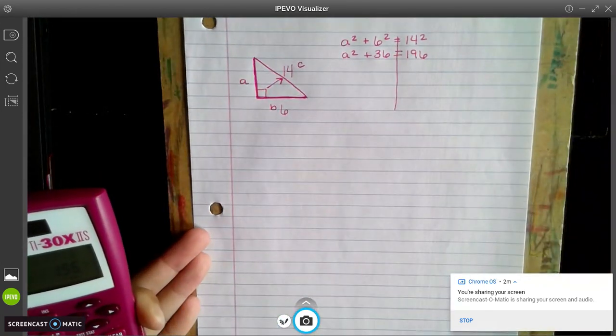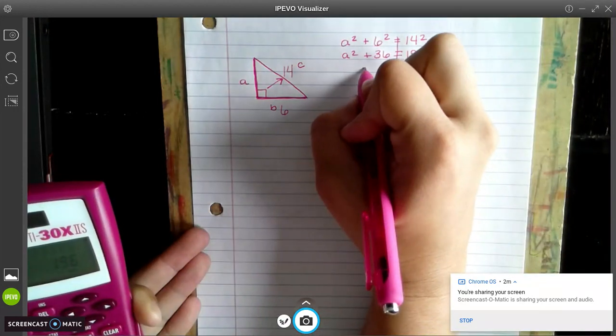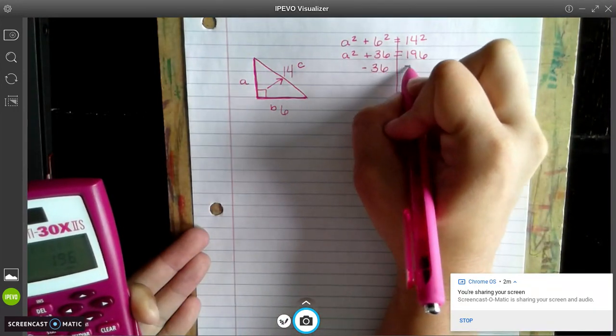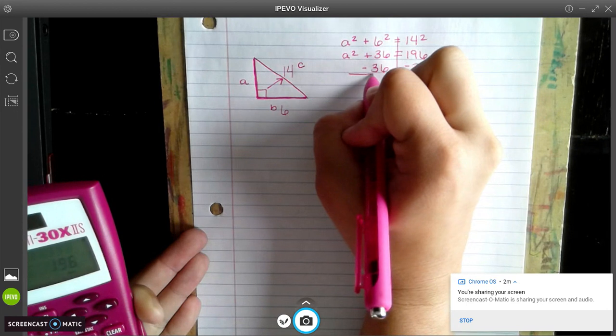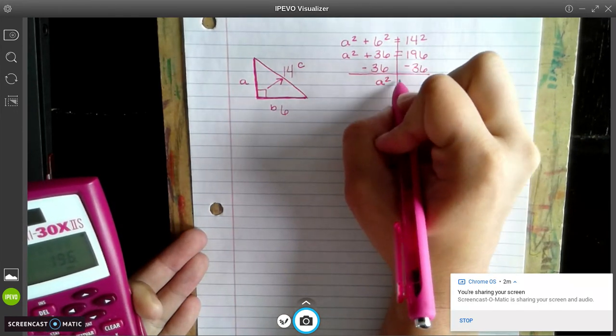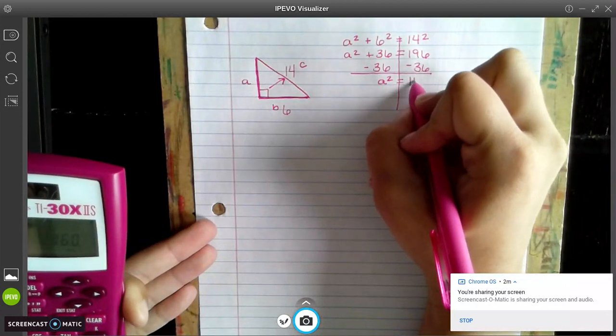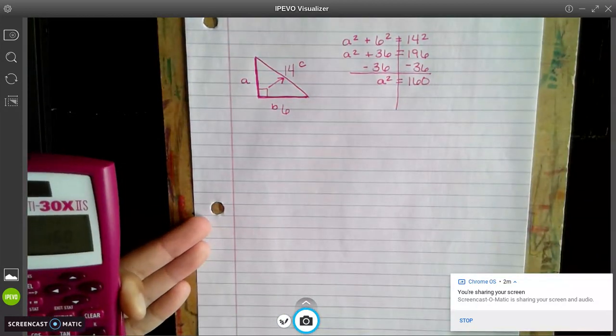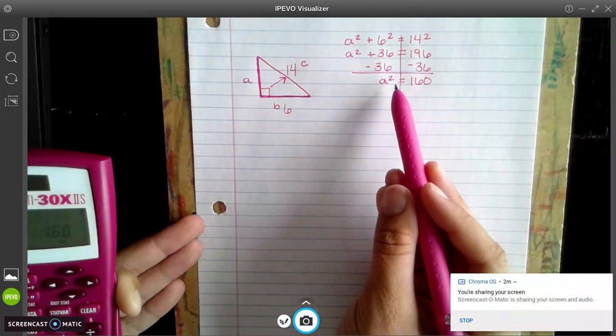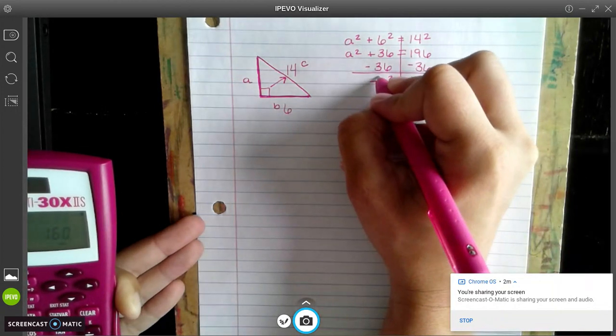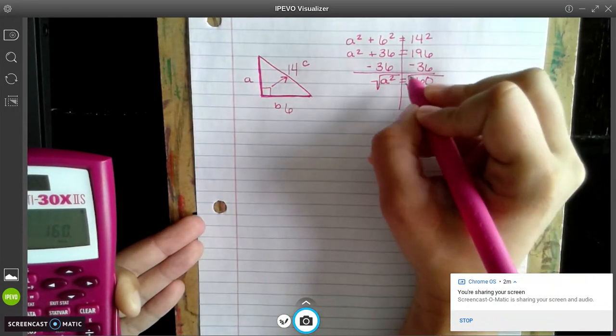We have to get the A by itself, so we're going to have to subtract the 36 to the other side. That leaves A squared is equal to 160. To get that A by itself and get that squared off, we have to square root. What we do to one side, we have to do to the other.